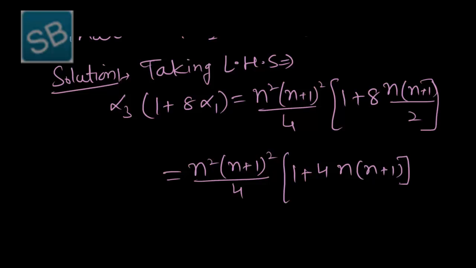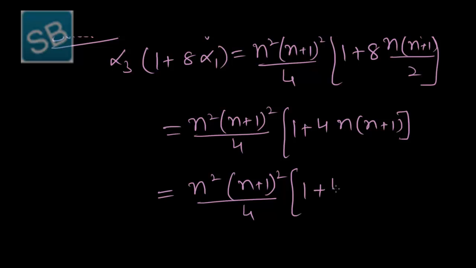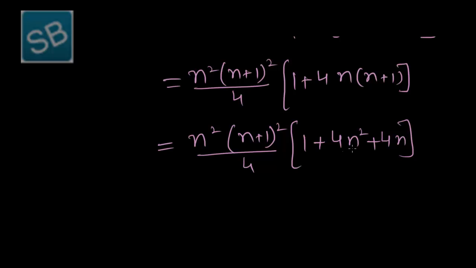So we get n square (n plus 1) whole square over 4, and on opening the bracket we get 1 plus 4n square plus 4n. If we see here, this is (2n) square, this is 1 square, this is 2 into 2n into 1.